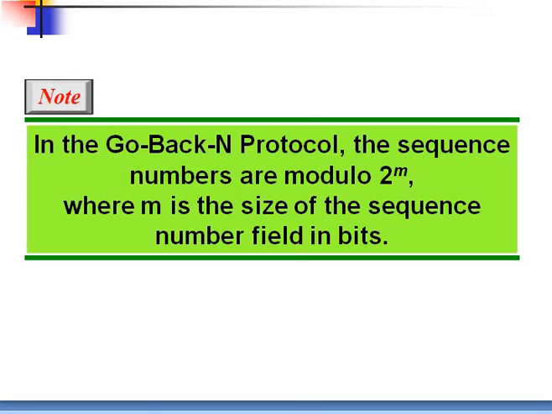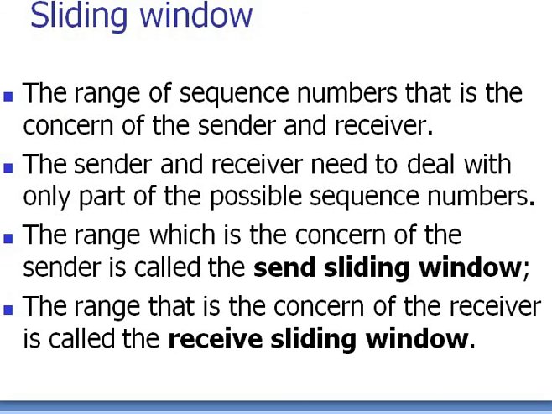The same thing is noted here, where m is the size of the sequence number bits in bits. Next, we use the concept of sliding window in the protocol. The range of sequence numbers that is the concern of the sender as well as the receiver. The sender and receiver need to deal with only part of the possible sequence numbers.